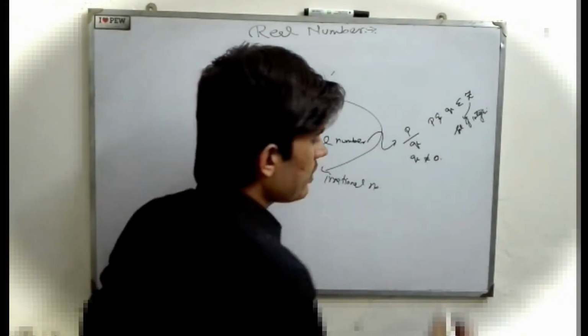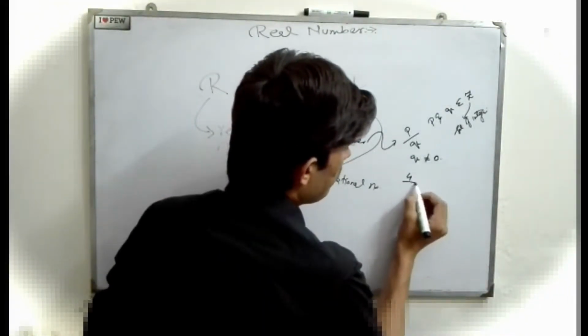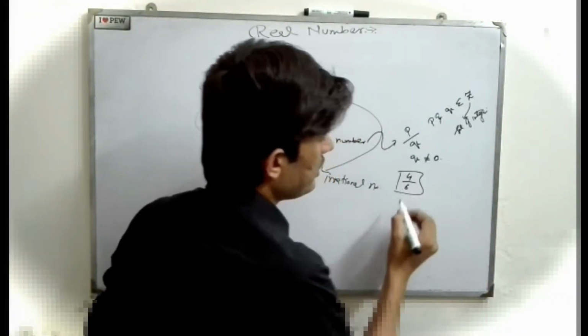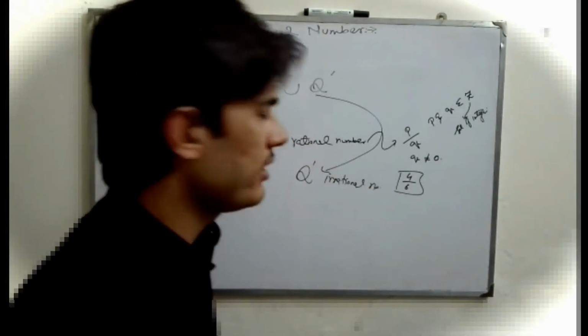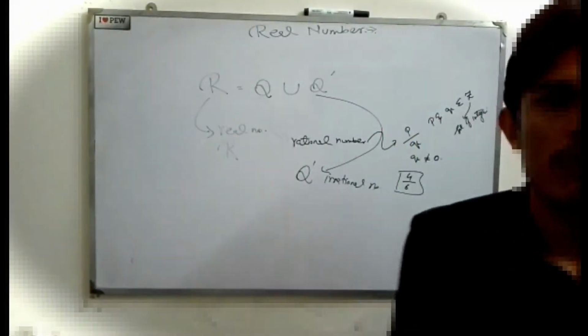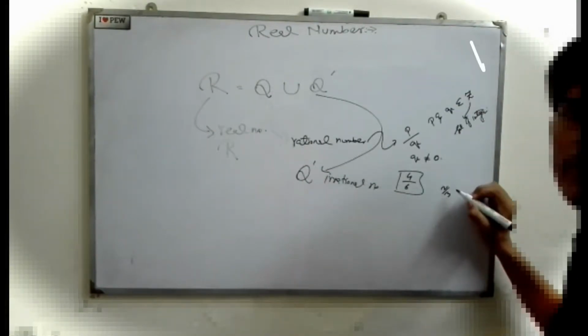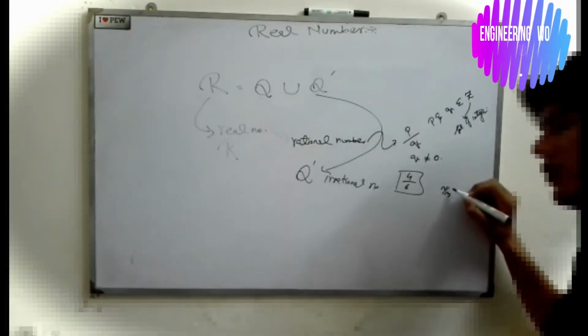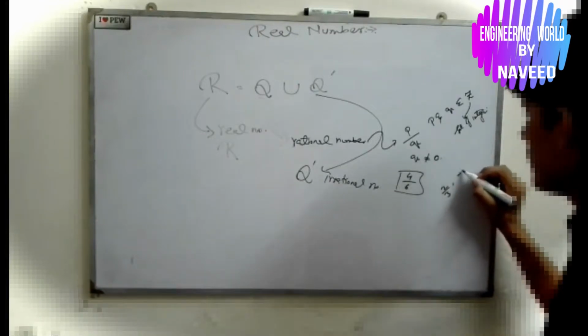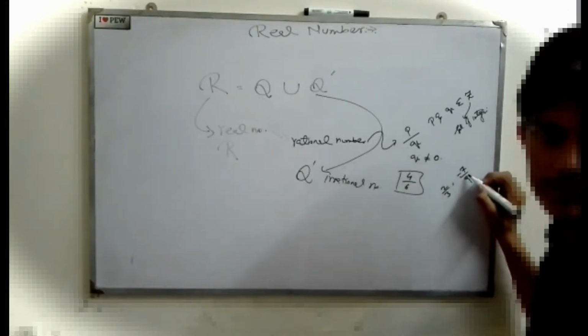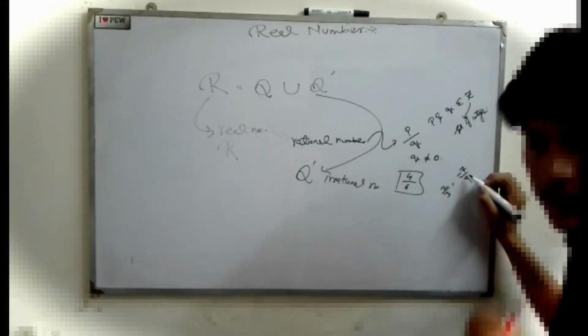If you take some examples, 4 by 6 is a rational number because it is in the form of P by Q. Similarly, 2 divided by 3 is also in the form of P by Q, so it is also a rational number. Minus 7 by 9 is also a rational number.